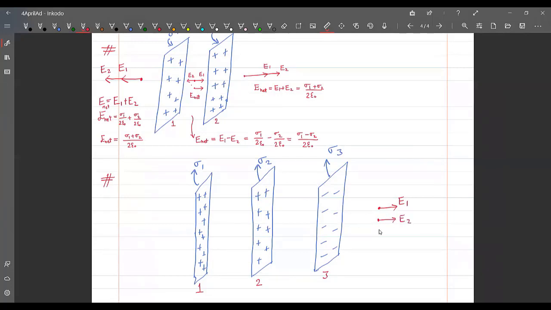The third sheet will give electric field in the leftward direction. So in this region, you can write E net as E1 plus E2 minus E3. That will give you sigma 1 plus sigma 2 minus sigma 3 by 2 epsilon naught.